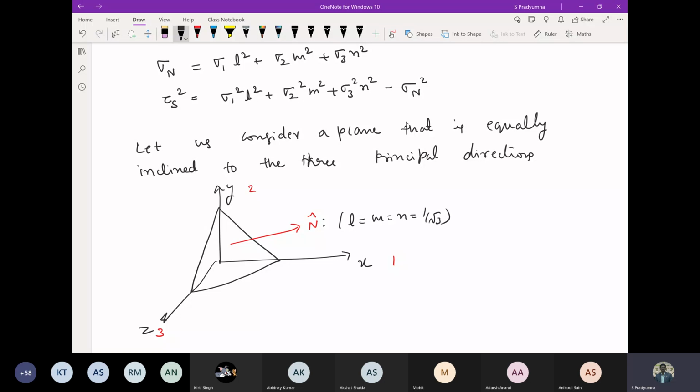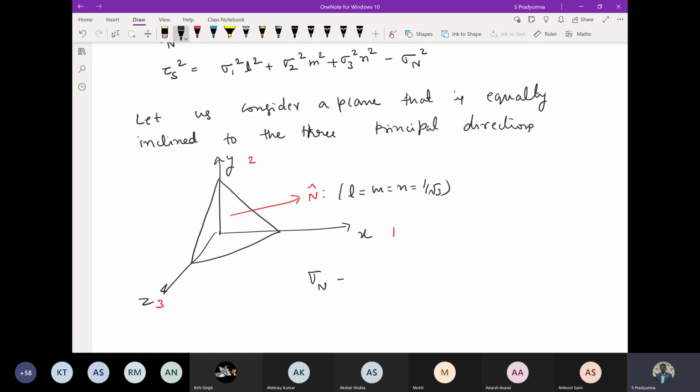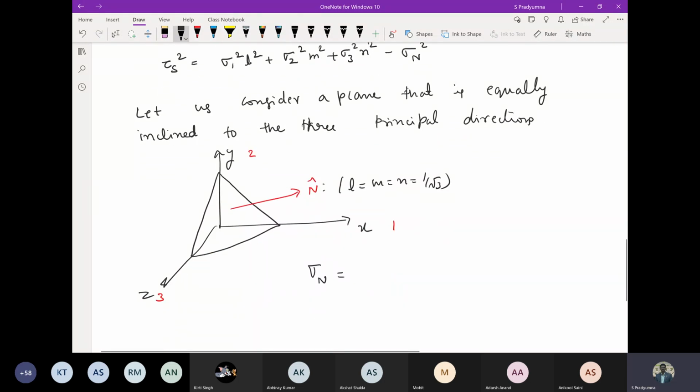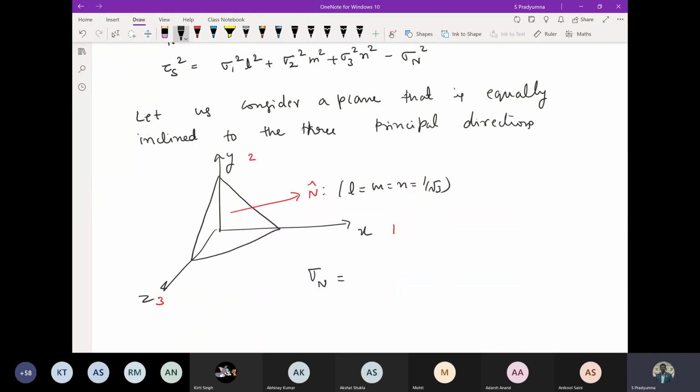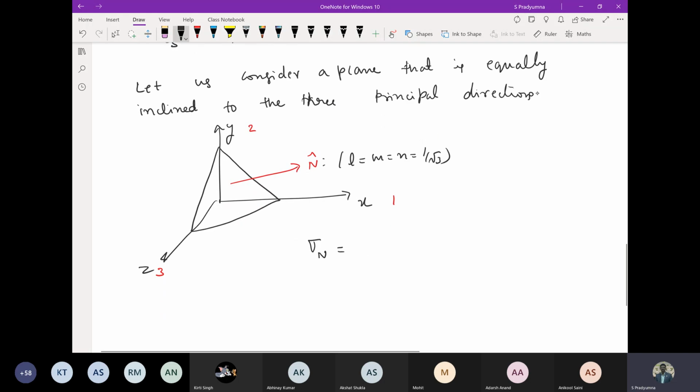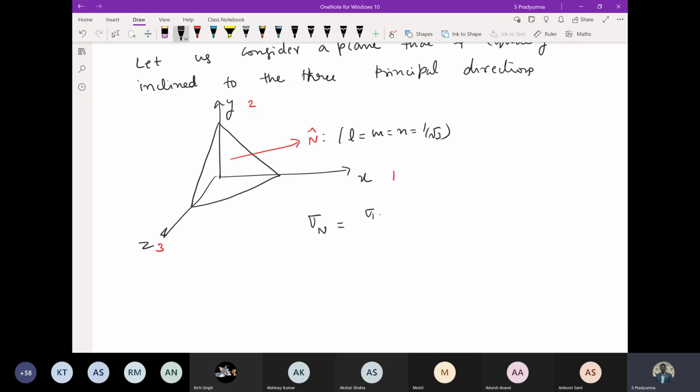So if I substitute the value in the value of sigma n, I get sigma 1 L square, that is sigma 1 plus sigma 2 plus sigma 3 by 3. This is also equal to the mean stress, right?